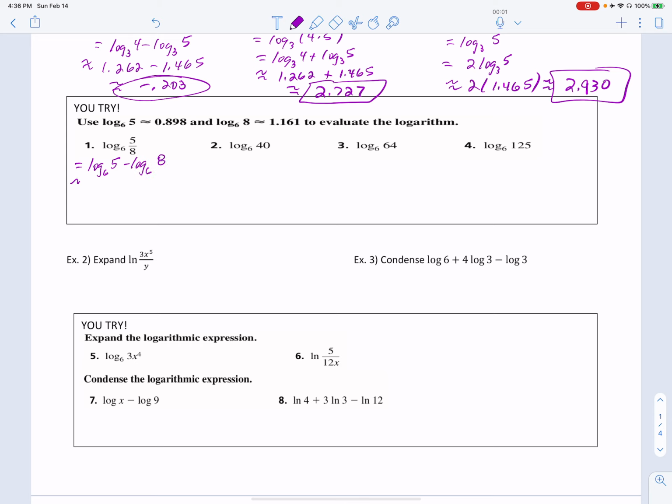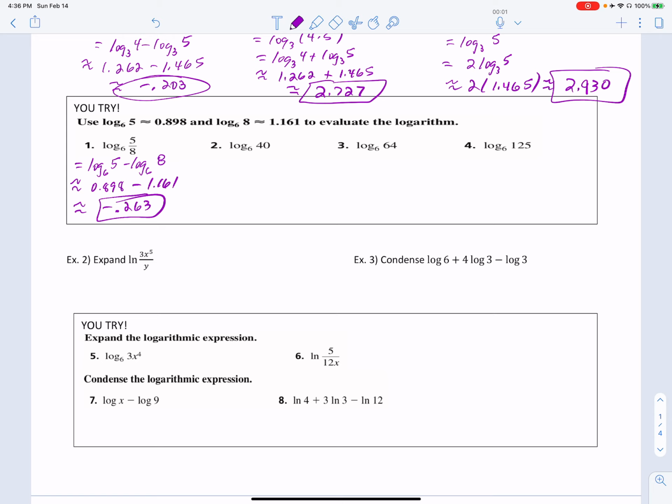And then I can put in their substitutions. They're values that we have, they're approximations. And with that, I get approximately negative 0.263 for the evaluation of log base 6 of 5/8. You have to show detailed work so I know that you are using the approximation given.